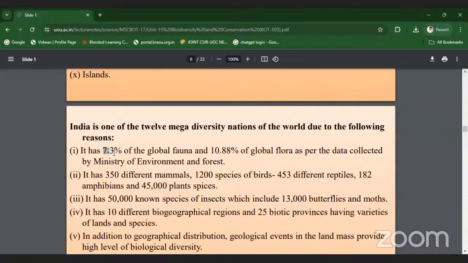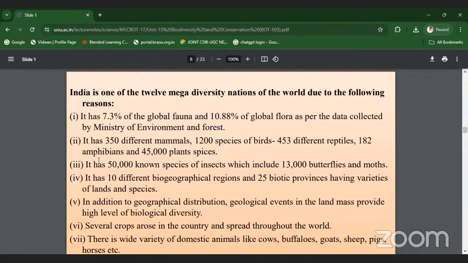It has 7.3% of the global fauna and 10.88% of the global flora, as per the data collected by the Ministry of Environment and Forests. It has 350 different mammals, 1,200 species of birds, 550 different reptiles, 182 amphibians, and 4,500 plant species.